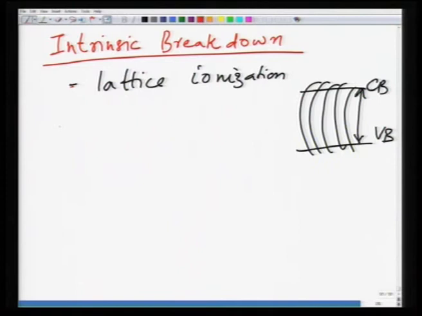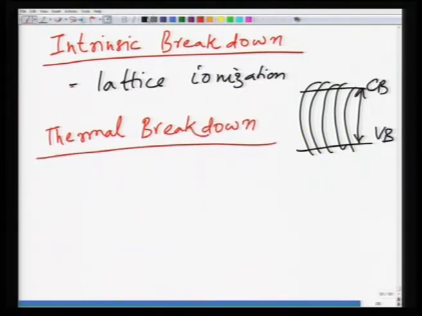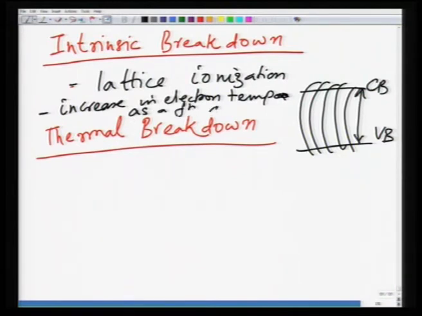And then the second mechanism is thermal breakdown. Here you can also add the increase in electron temperature as a function of field. As you increase the field, the electron temperature increases.